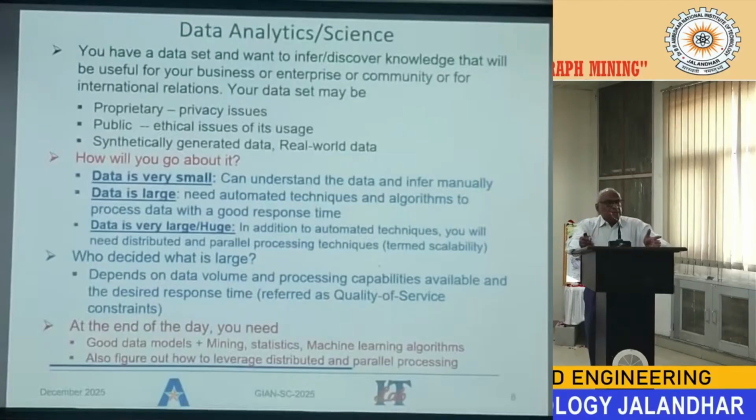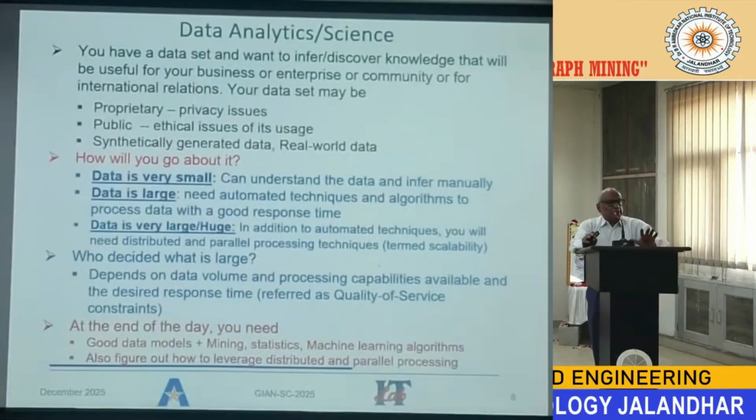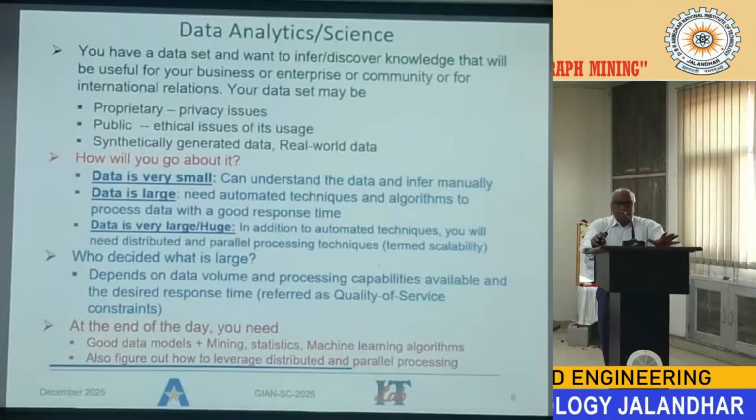And of course, you have real world data. If you have real world data, then you want to use it and make sure your analysis is equally applicable to real world data. So understanding the various types of data and the limitations or expectations for the data is very important. So how will you go about it? I have tried to categorize it into three categories.